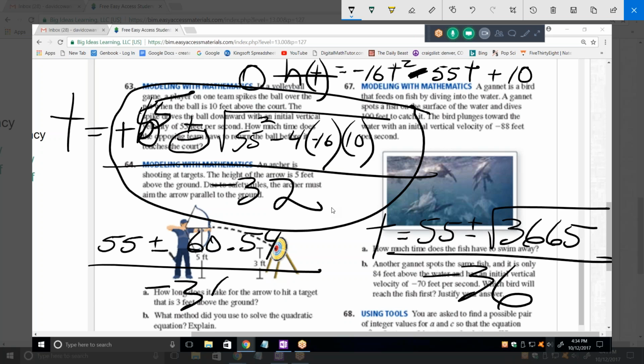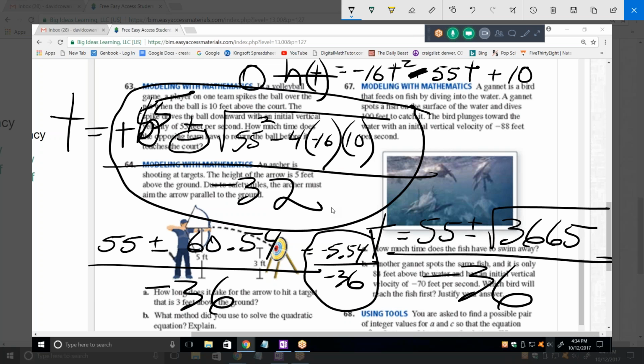Now, can you see why we need the negative side of that, not the positive? In other words, the negative side is going to give me in the numerator minus 5.54 divided by minus 32. Well, that's a positive number, and that's what I'm looking for, a positive time.